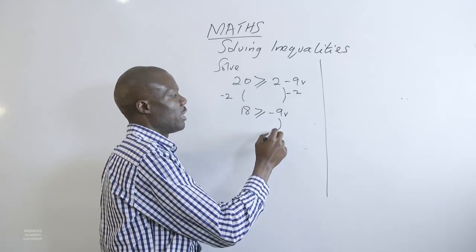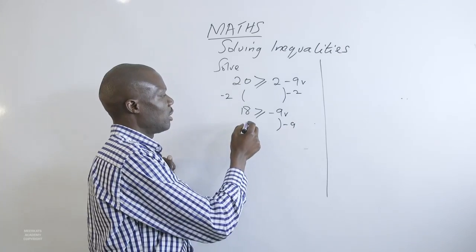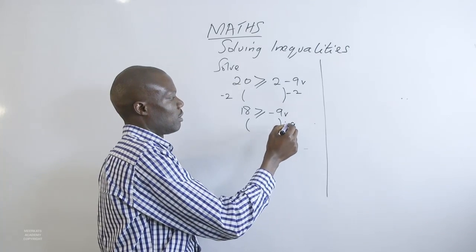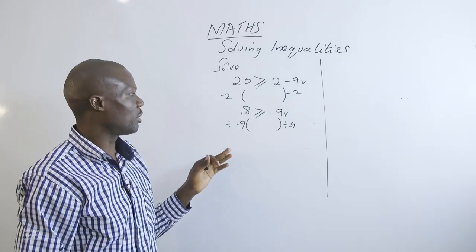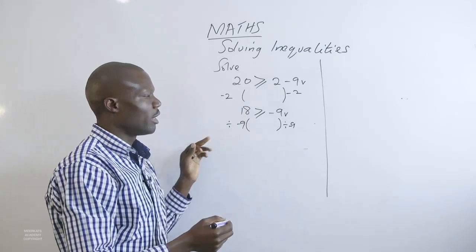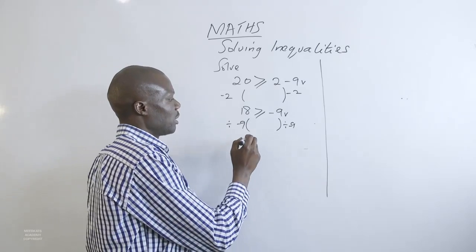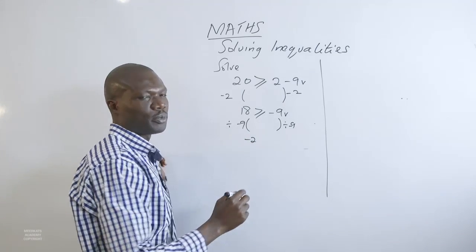Then you divide by negative 9 on the left and on the right, to remain with 18 divided by negative 9, which is negative 2.